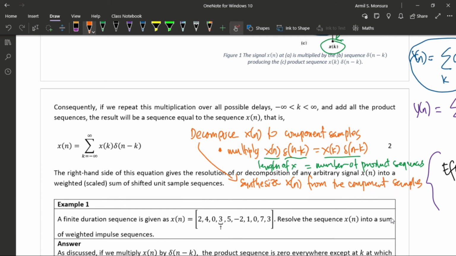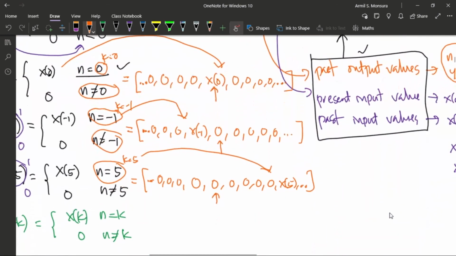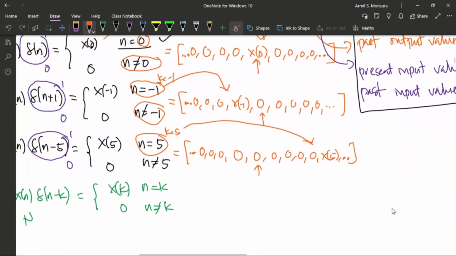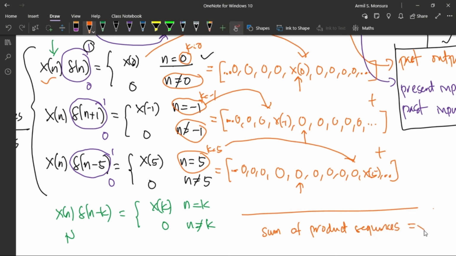Paano siya ibabalik doon sa component samples natin? Actually, pag tingnan niyo mabuti itong product sequences niyo, magkakaroon kayo ng idea kung paano niyo ibabalik sa x of n. If you actually add your product sequences, so the sum of the product sequences, that should become your x of n.